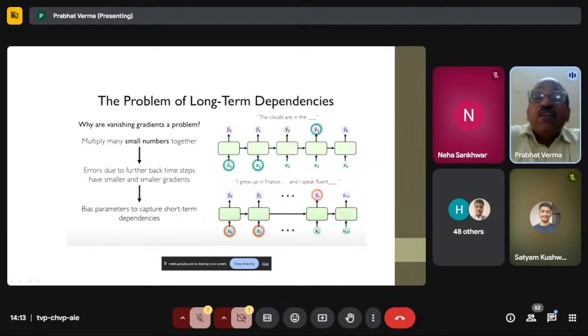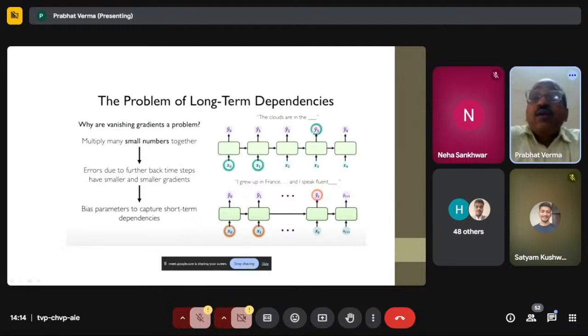So obviously it will not be carrying the information, right? When you multiply very small numbers together, the error from further back time steps has smaller and smaller gradients, and the model is biased to capture short-term dependencies.